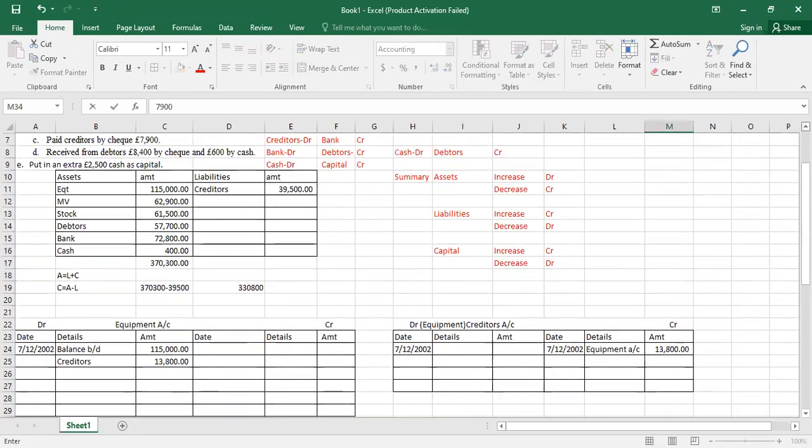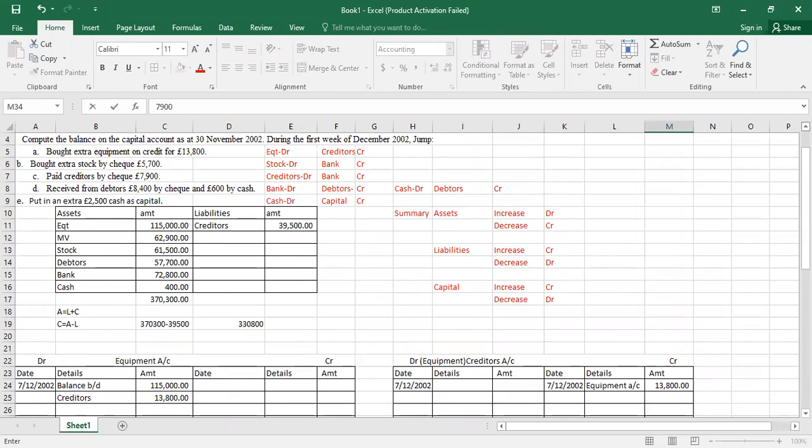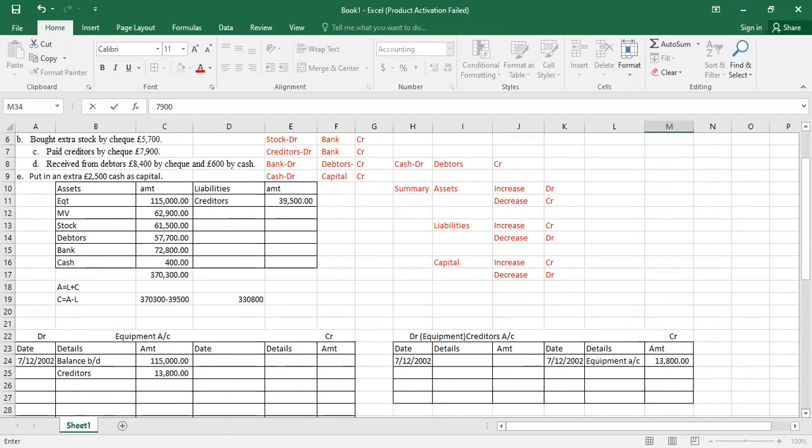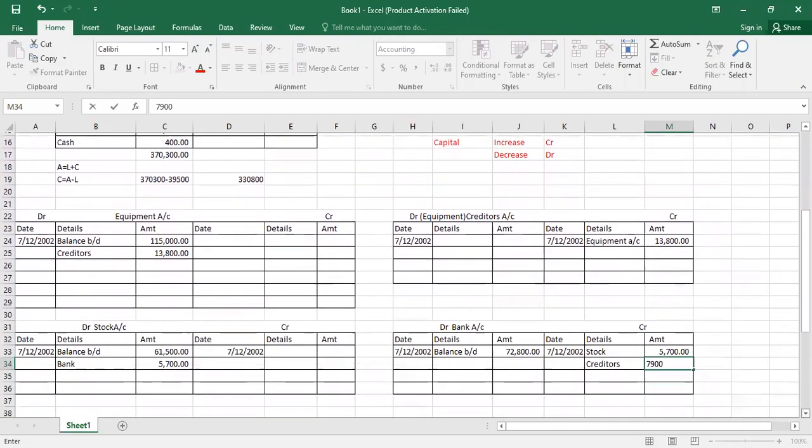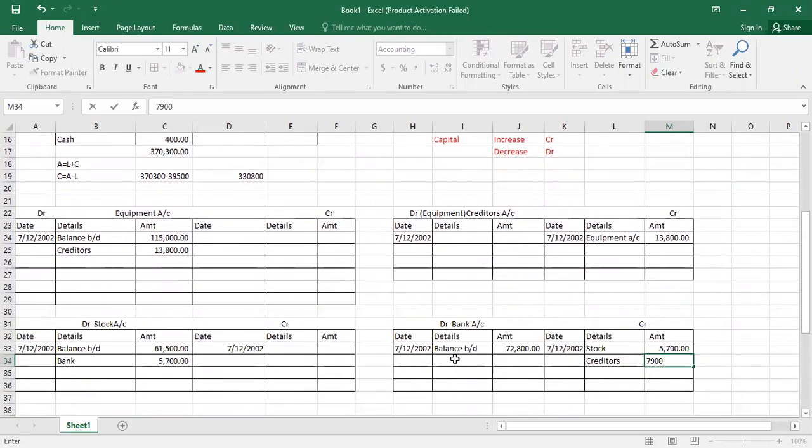So we go on. Then I have D, received from debtors, 8,400 by check and 600 by cash. So the first entry is we debit bank 84, and debtors 84.